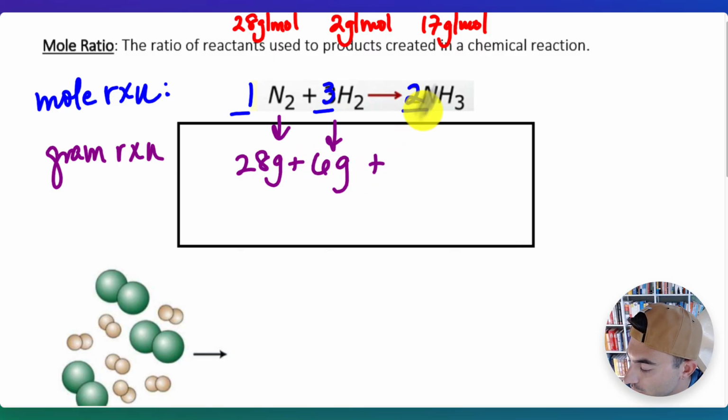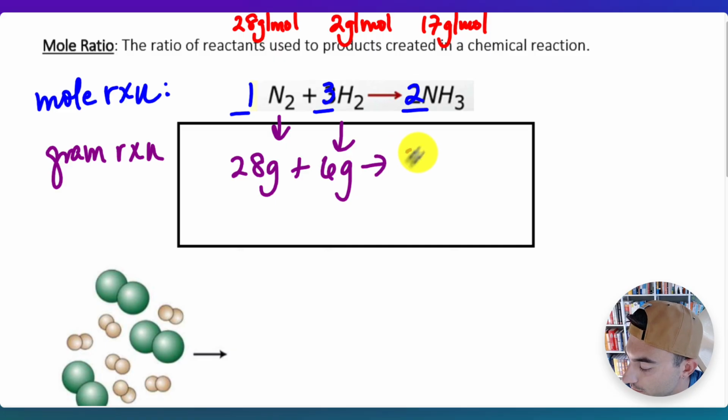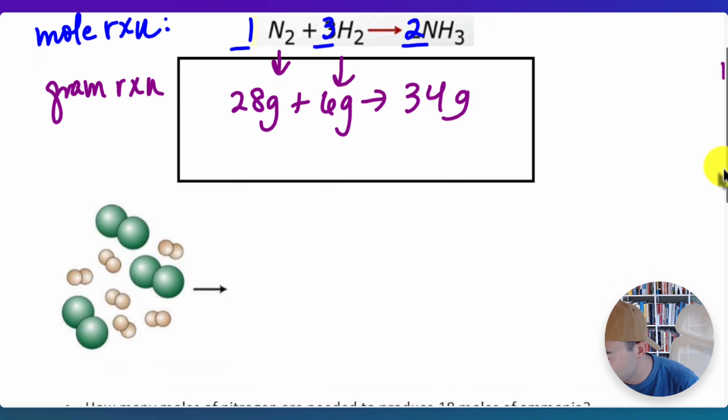And 2 moles of NH3 is equal to 34 grams. And we should be able to see conservation of mass at play there because the total mass of the reactants should equal the total mass of the products. Now we have everything we could possibly need to answer any sort of questions that we want here.